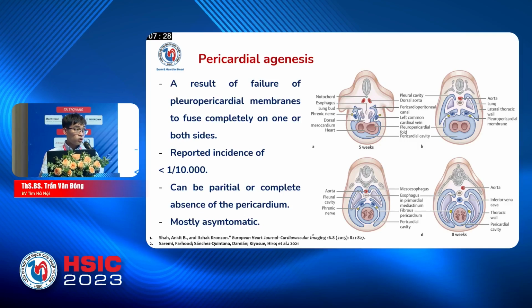Its actual incidence may be higher because mostly it's asymptomatic, and it can be partial or complete absence of the pericardium. In our case, it was a partial absence of the pericardium in the corner of the pericardium that connects the pericardium and the pleural space.